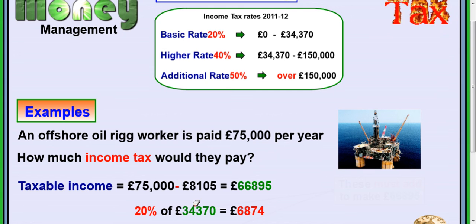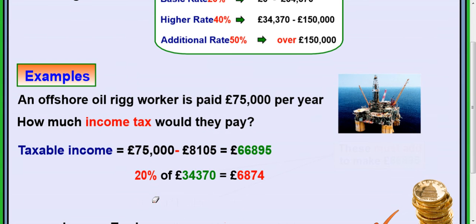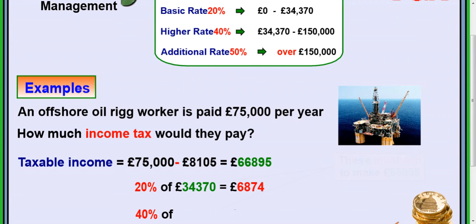But how do you get the rest? What's taxed at 40%? It's basically 40% of the difference between this value and this value. If we're taxing 20% of that, then the rest, adding up to this, is going to be this value here.